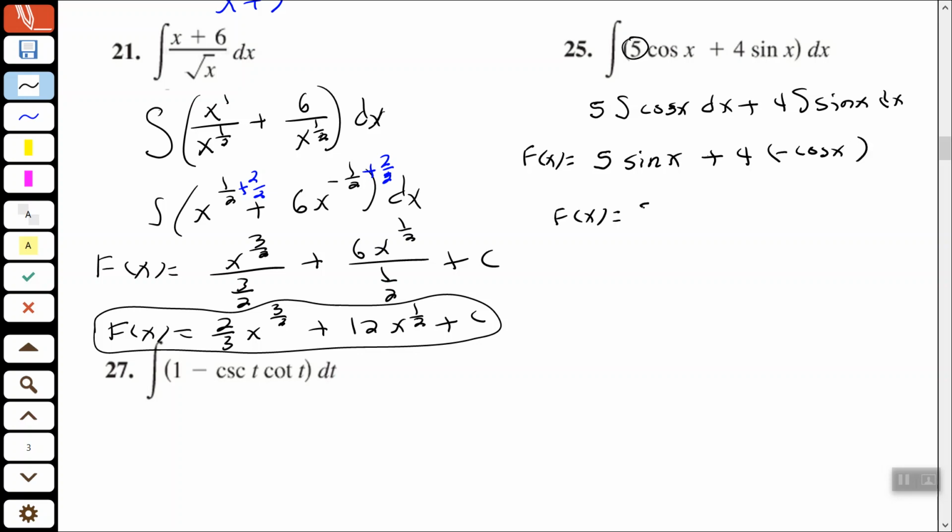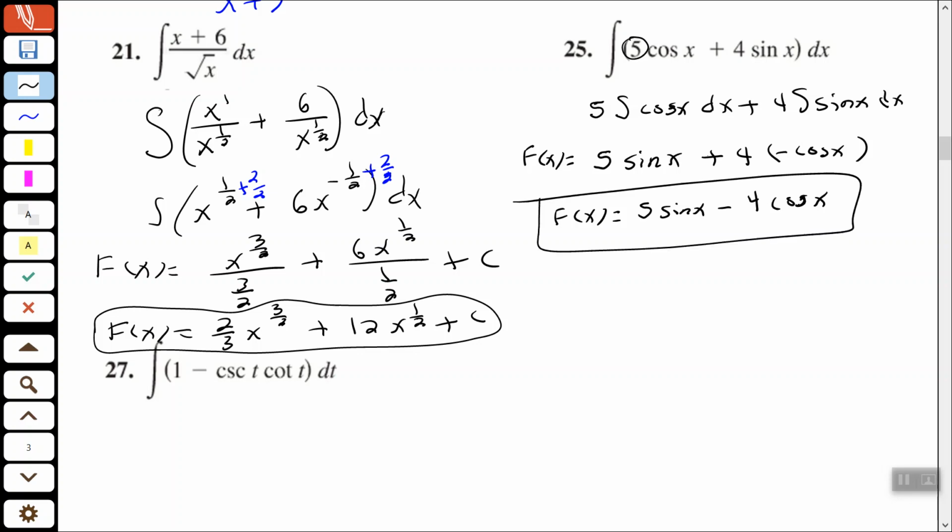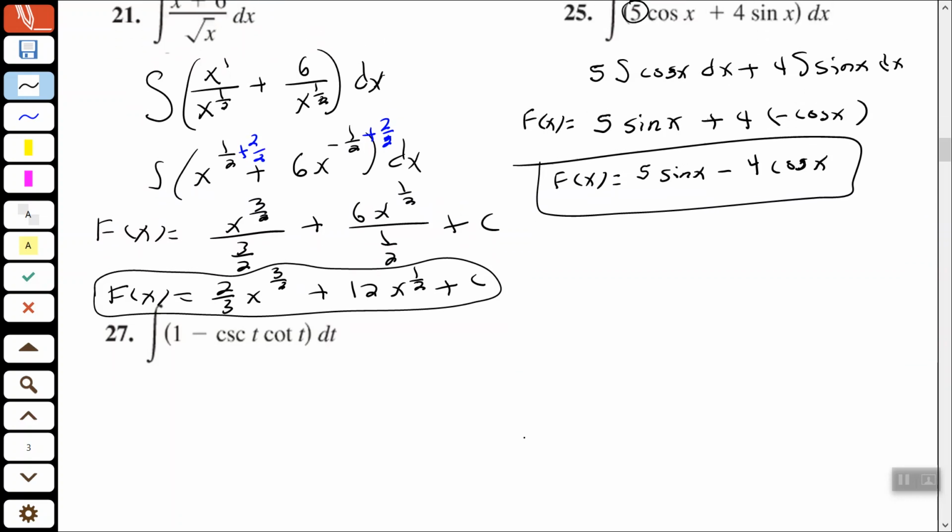So that gives us 5 times sine of x minus 4 times cosine of x. And that's it. So not very difficult. Just a little bit different, just going in the opposite direction of the derivatives. Okay.